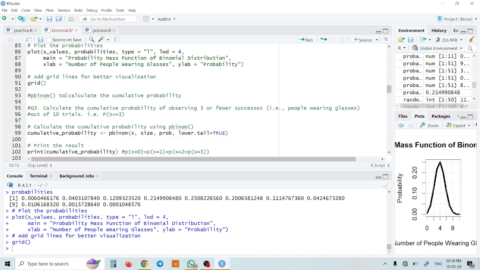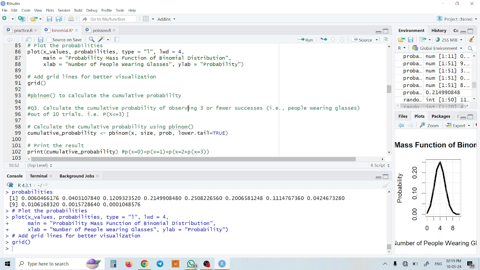Now another way of finding the probability is to find the cumulative probabilities. There is another function in R, pbinom, to find the cumulative probabilities. For example, the question is to find the cumulative probability of observing 3 or fewer successes, where successes mean people who wear the glasses, out of a sample of size 10.